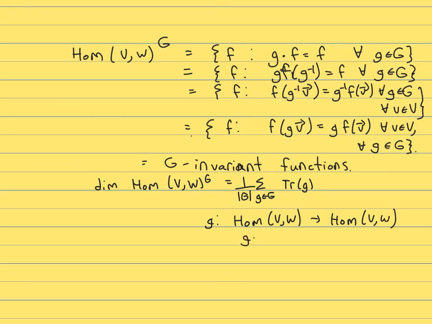Under this action, g dot L is g L g inverse. So suppose that V has eigenvalues lambda 1 through lambda n. Remember the corresponding, oh wait, hold on, let me be careful. We're going to fix g.